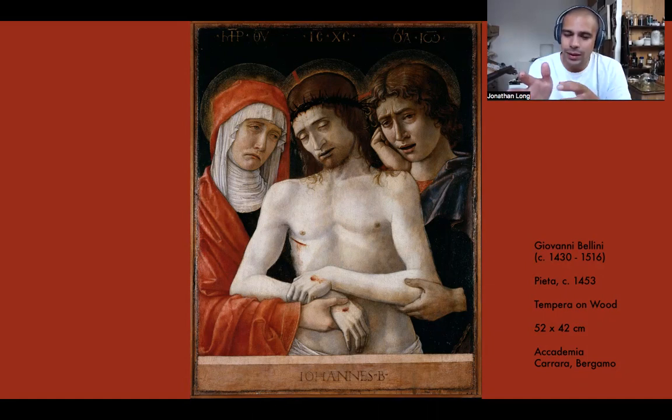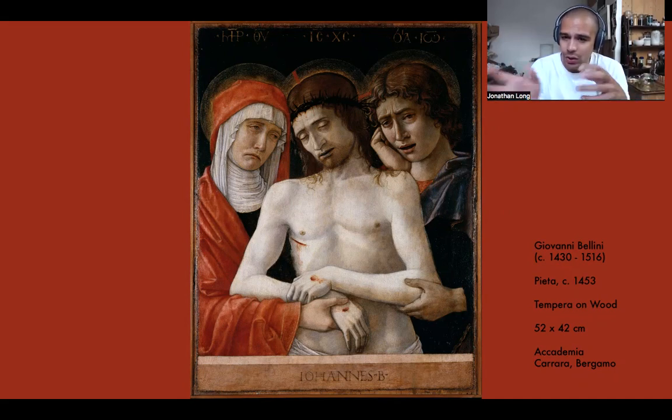Now, Italian painting from the late Middle Ages into the Renaissance had really started to develop away from the Byzantine iconographic style or manner. But this painting retains quite a lot of it. And I think it's because Bellini was, as I've said, a nexus of invention.